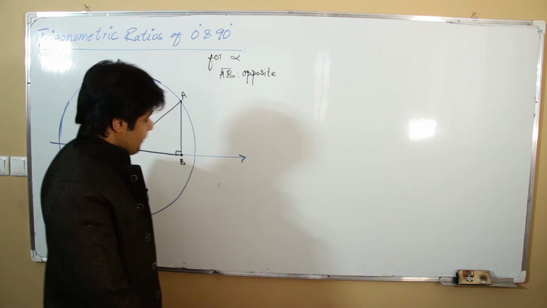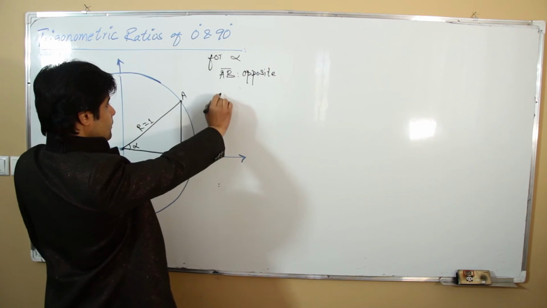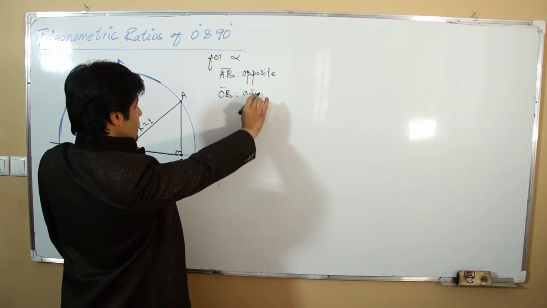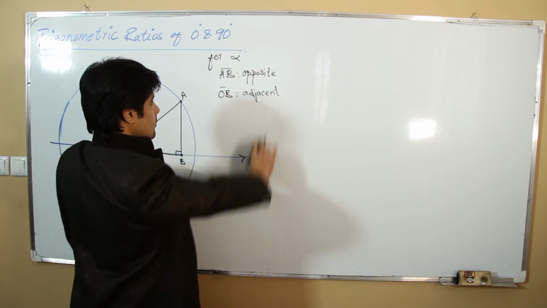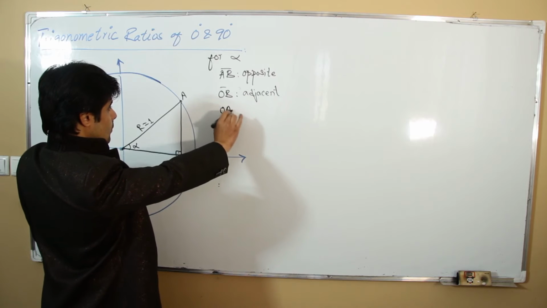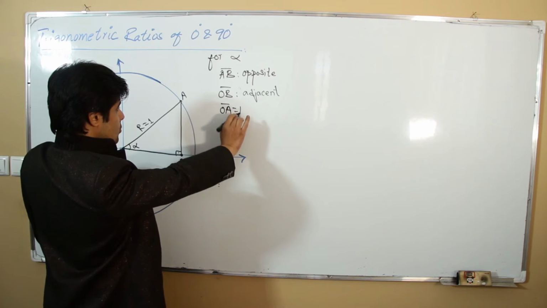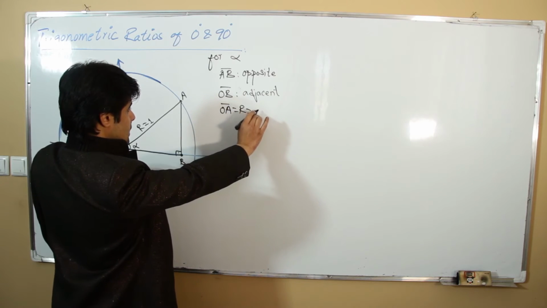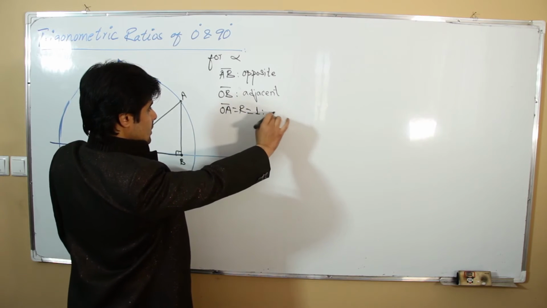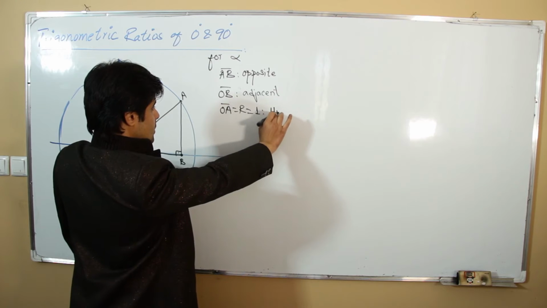Opposite side. OB, this one is your adjacent. And OA, which is equal to R, this one is 1, and this is what? Hypotenuse.